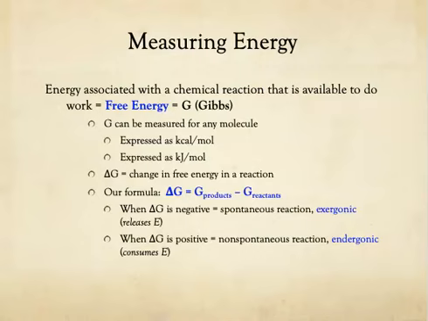In comparison, when we calculate delta G and it comes out positive, we are looking at an endergonic reaction, an energy consuming reaction, or a reaction that requires energy, and therefore a non-spontaneous reaction.